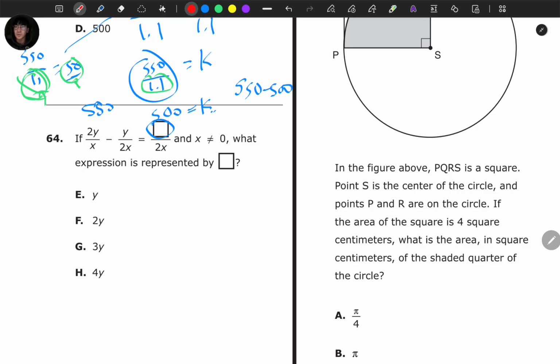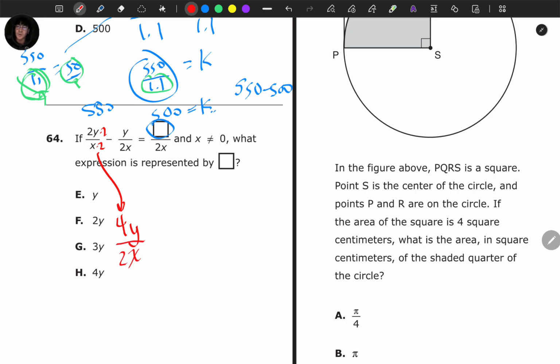Well, here we're subtracting fractions, right? But if you look at the left side here, the fractions don't have the same denominators, and you need the same denominators to subtract. Well, the first fraction here is missing a factor of 2, so that means we multiply both top and bottom by 2. So then that means that the first fraction is equivalent to 2 times y times 2, which is equivalent to 4y. X times 2 is equivalent to 2x.